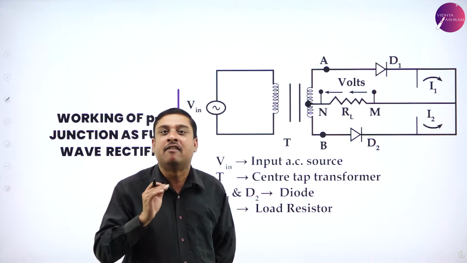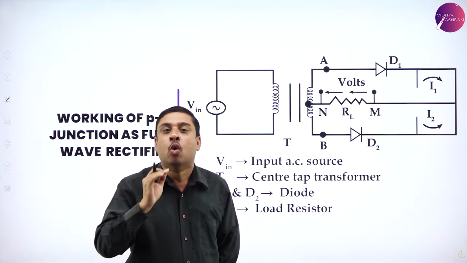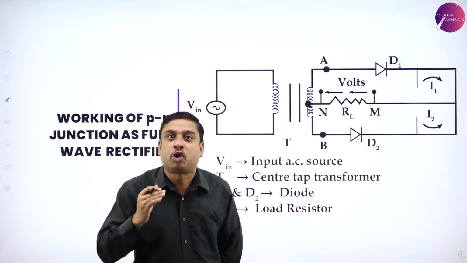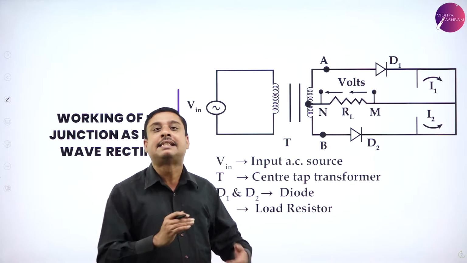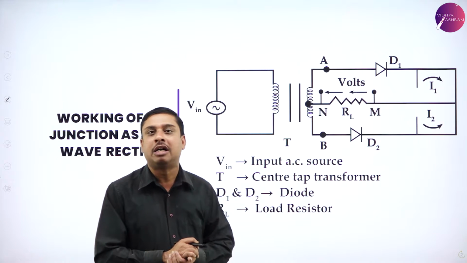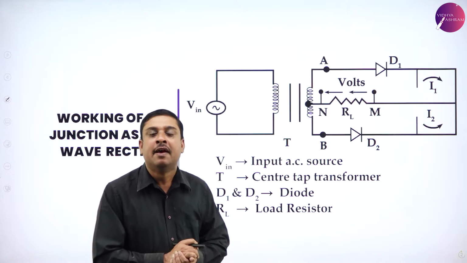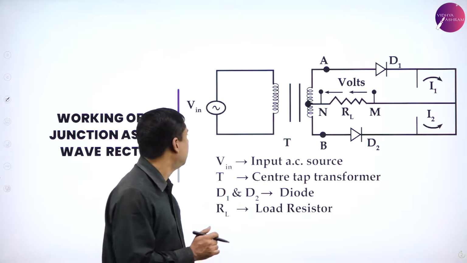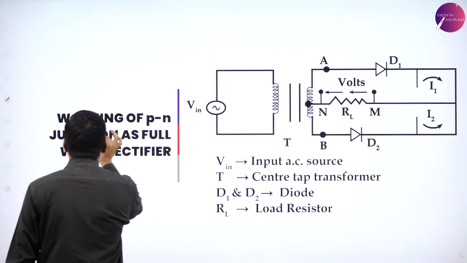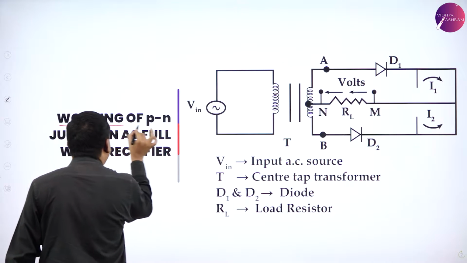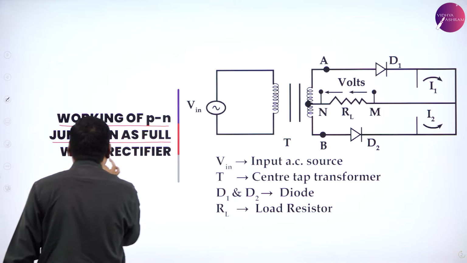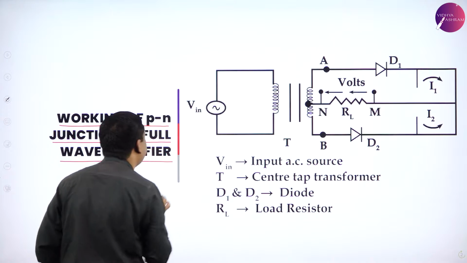The negative half cycle wouldn't be rectified, and therefore today we understand full wave rectification.